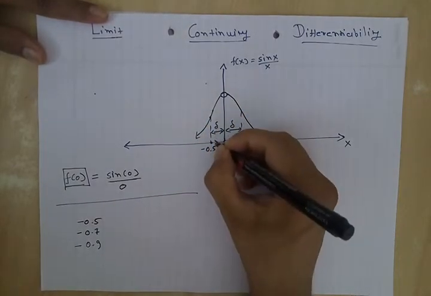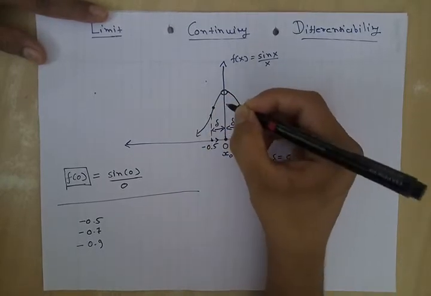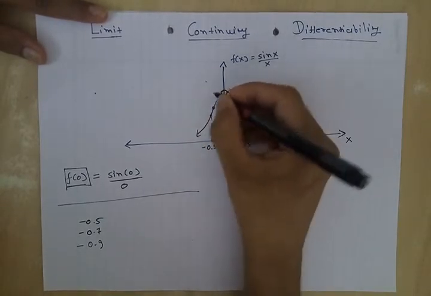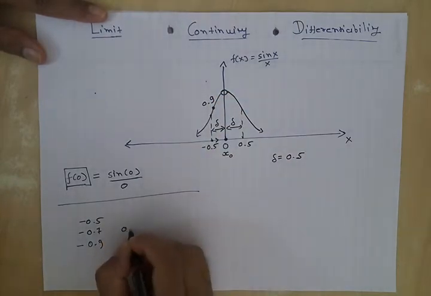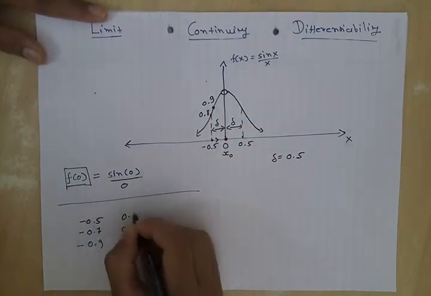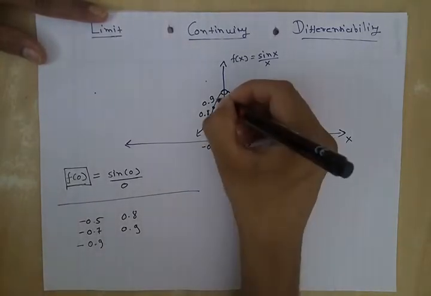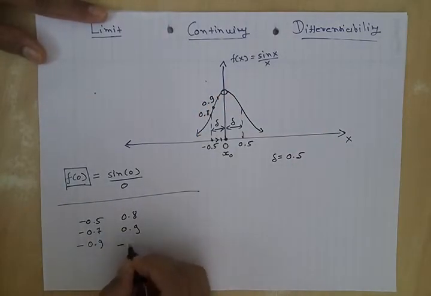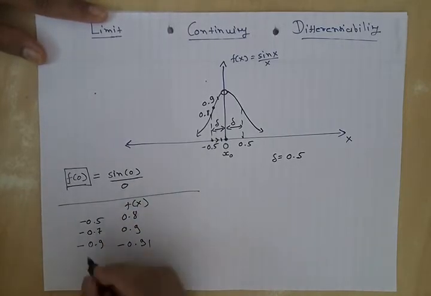If you take the value 0.7, then you will get f(x) equal to, let us say, 0.9, and for 0.5 it is 0.8. Then if you take the value of minus 0.9, then you will get f(x) = negative 0.91.